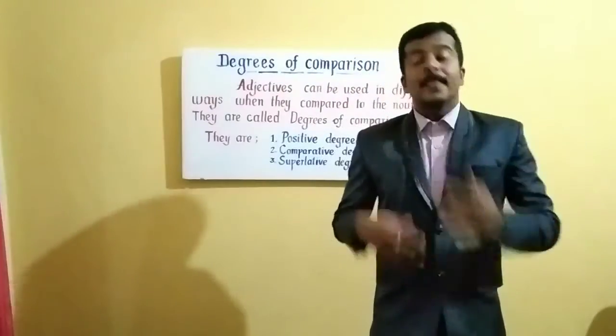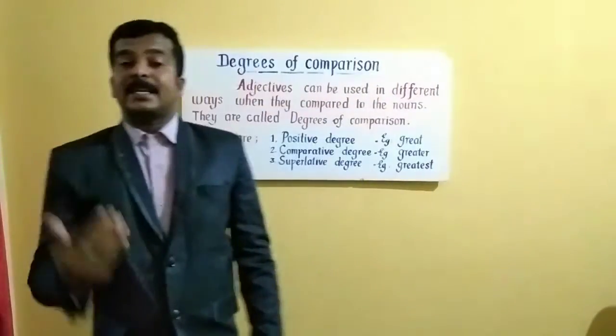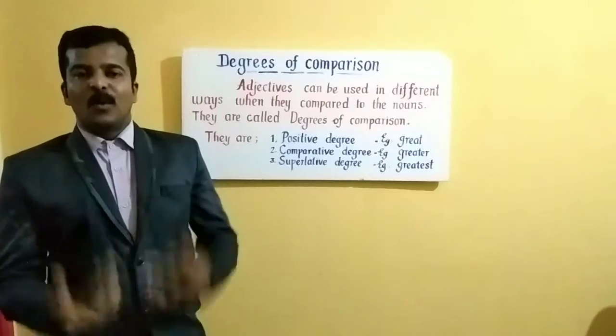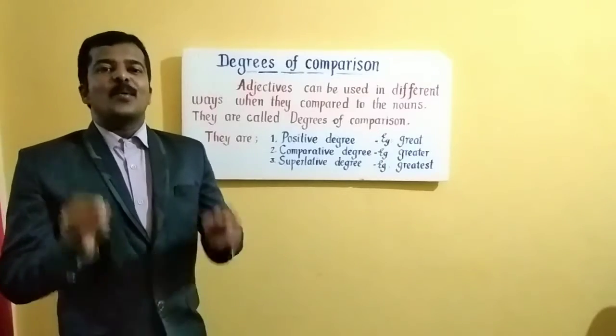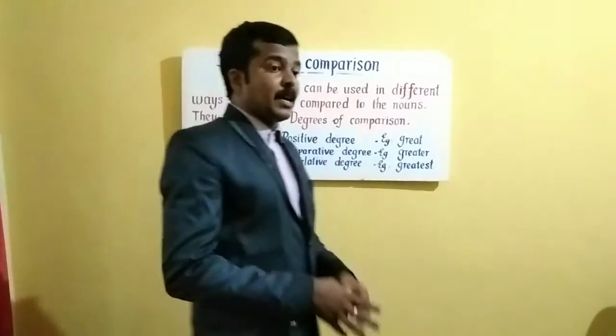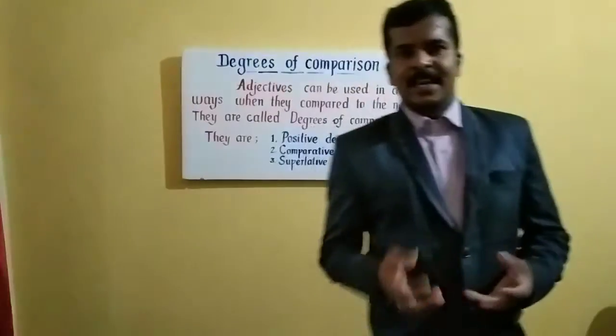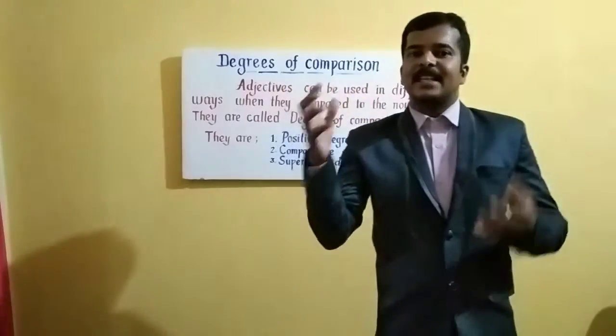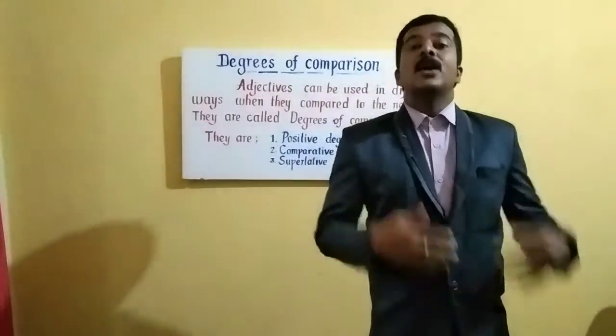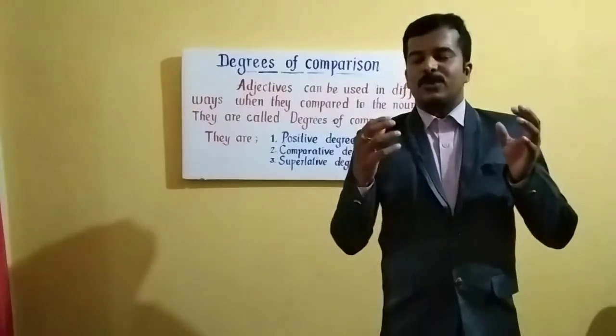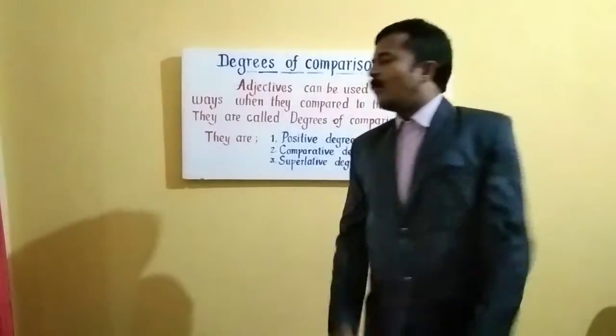For example, famous. That adjective also has more than one syllable, so more famous and most famous. And one more example, intelligent. That adjective also has more than one syllable, so more intelligent and most intelligent.